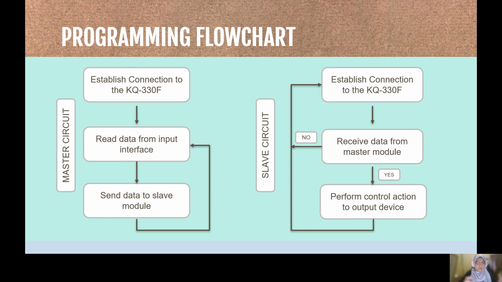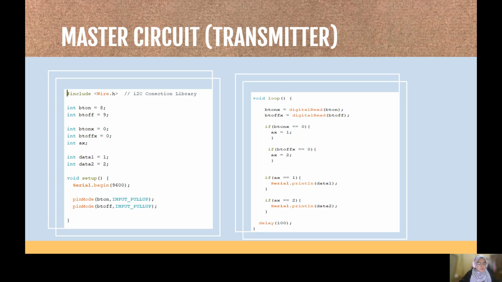The data received from the switches will then be sent to the PLC module on the slave circuit. On the slave circuit, the Arduino will always need to establish connection to the PLC module, and then it will receive the data from the master module, and after that it will perform the control action to the output device.